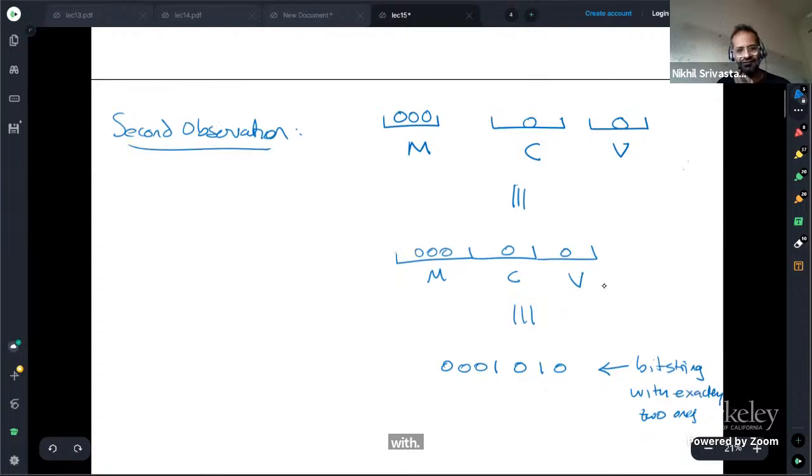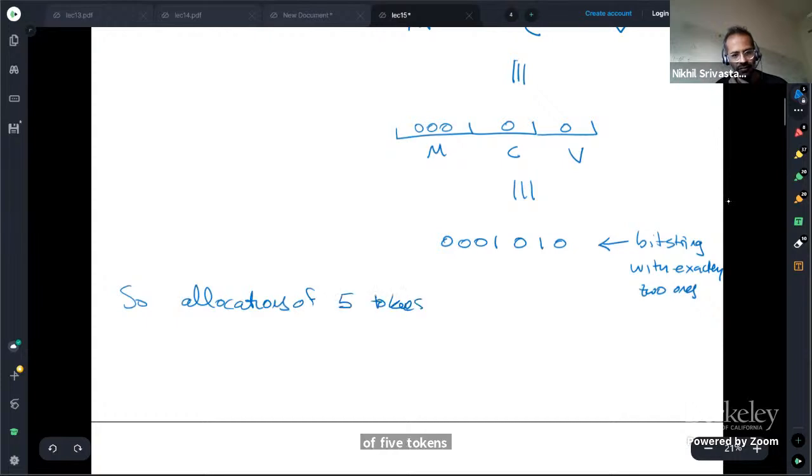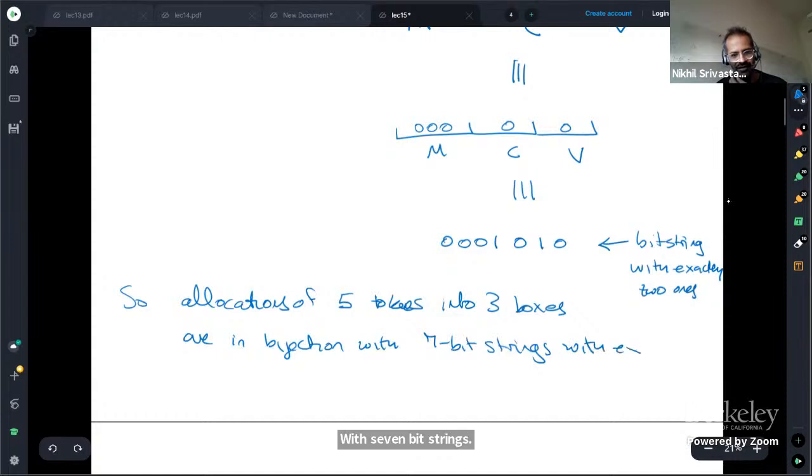So formally what I'm saying in this observation is that allocations of 5 tokens into 3 boxes are in bijection with 7-bit strings with exactly 2 ones.